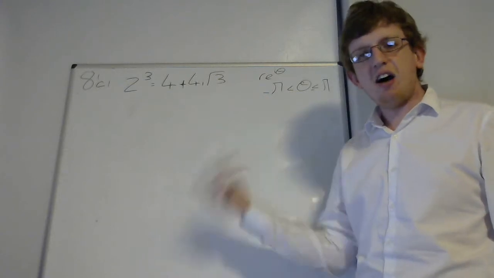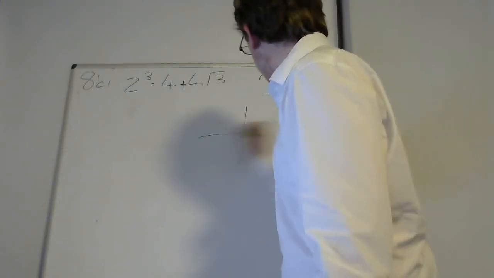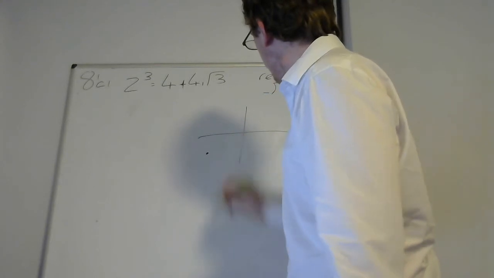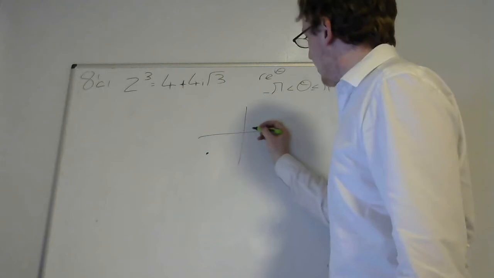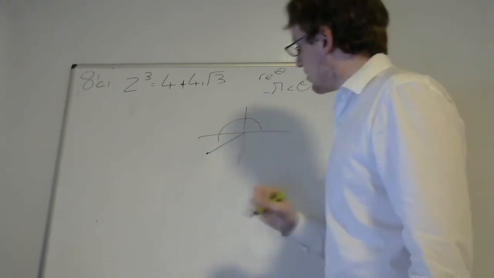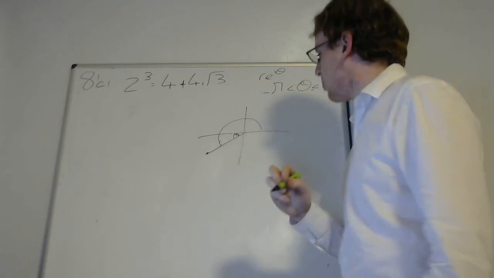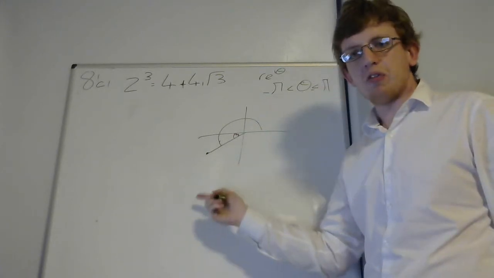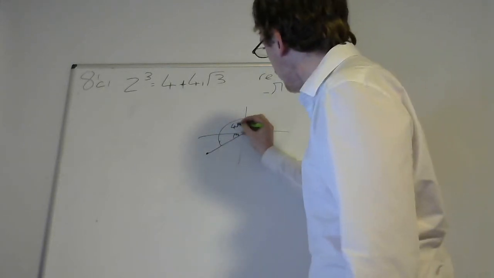So this means on our Argand diagram, if we get a theta that's bigger than pi, so for example, this point here, if this is pi on 3, for example, we could say the argument of that is pi plus pi on 3, which would be 4 pi on 3.